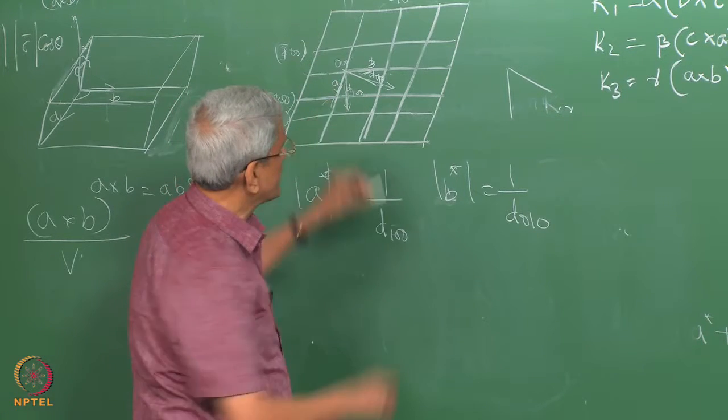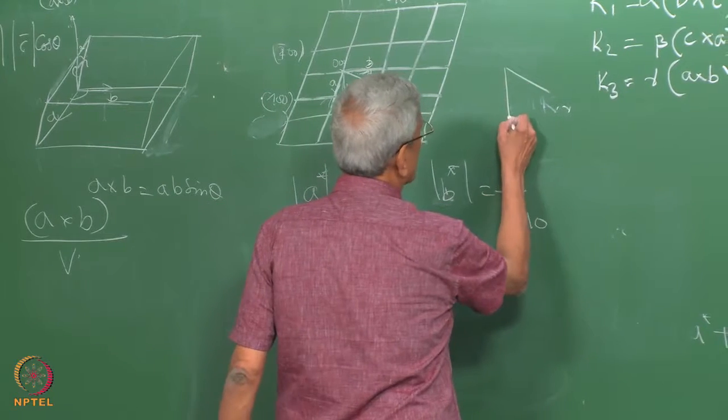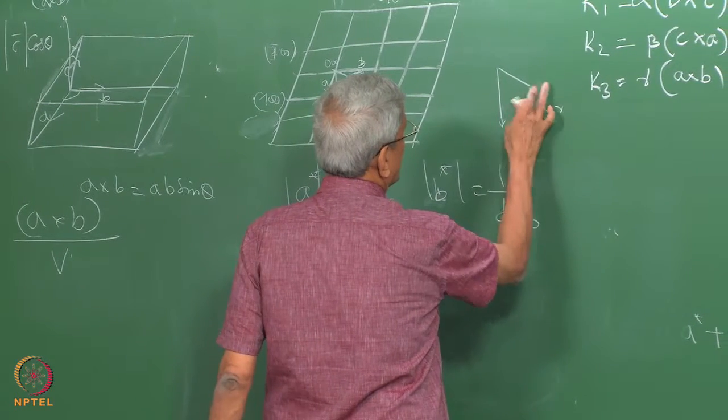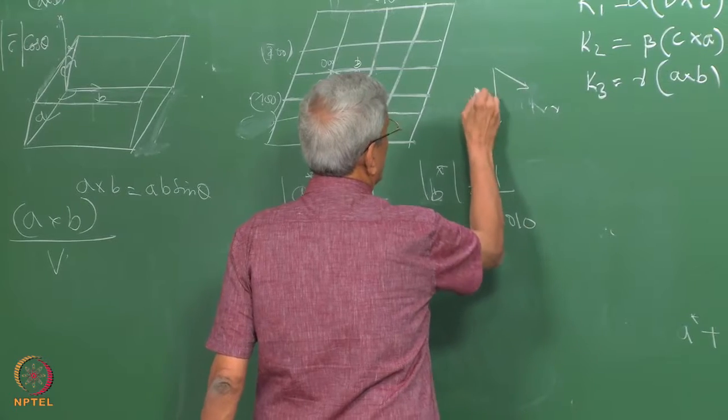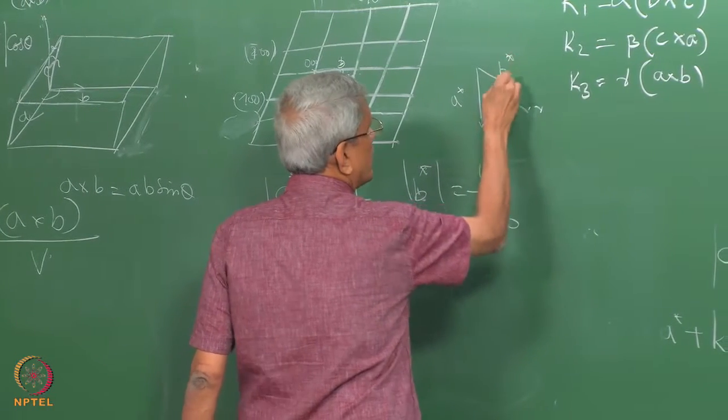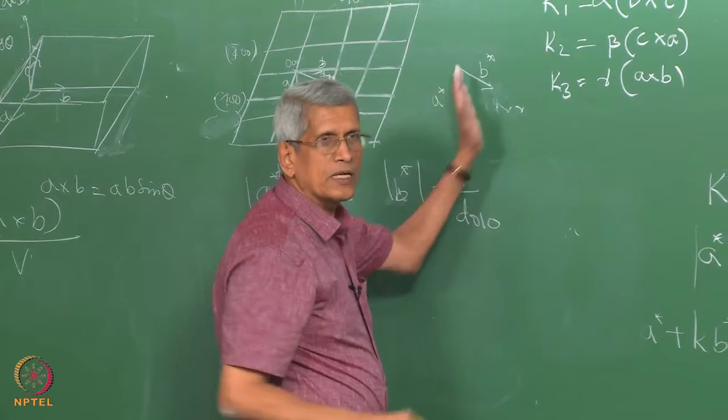So the vector which we mark as A star here will be proportionately larger, and the vector which we mark as B star will be proportionately smaller.